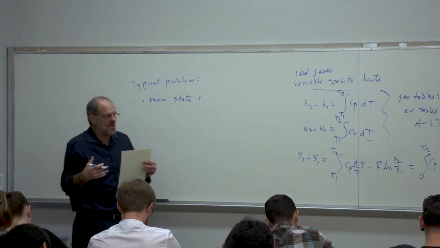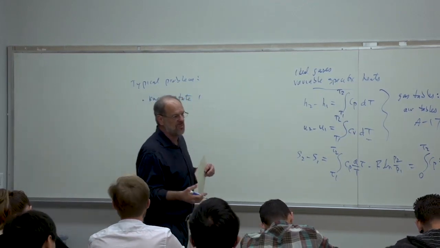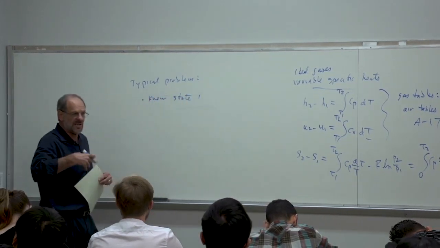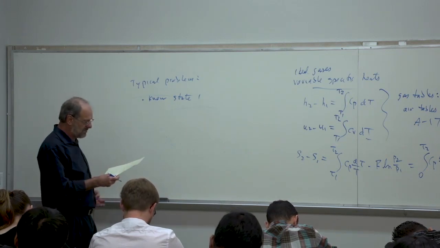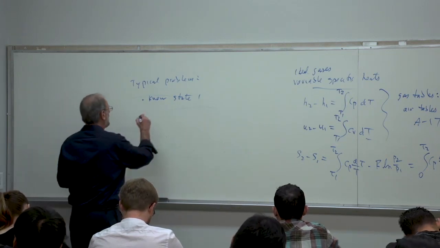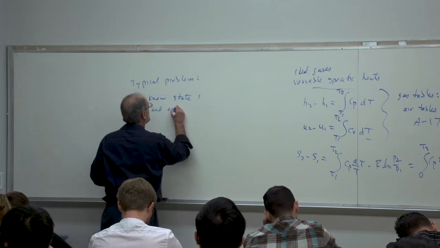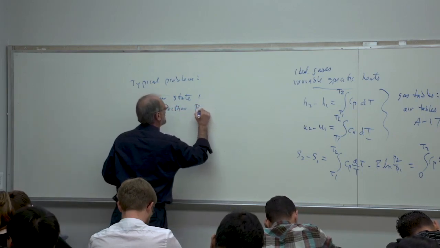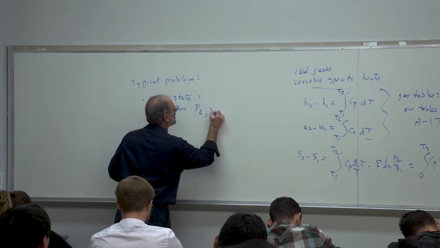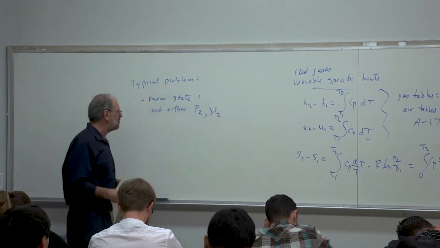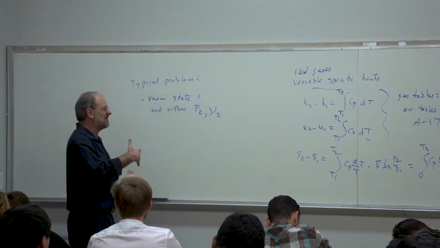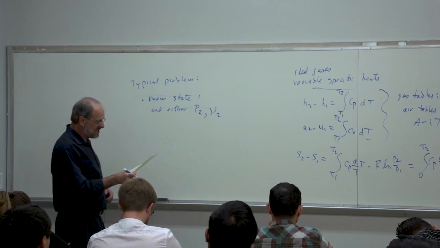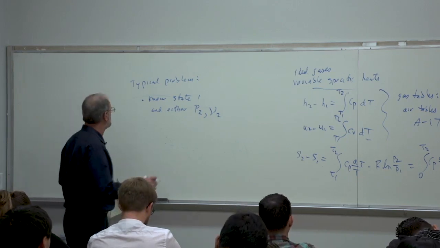It's going to be the initial state for a closed system problem. It will be the inlet state for a single stream steady flow open system problem. We're typically going to know state 1, and either the final pressure or the final specific volume, or the exit pressure or exit specific volume. So these are typically going to be known to us.